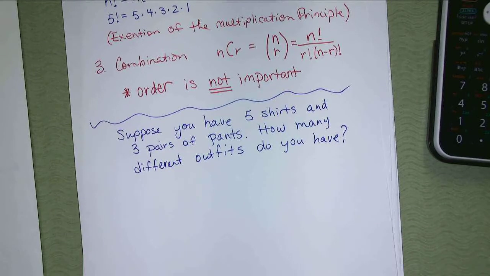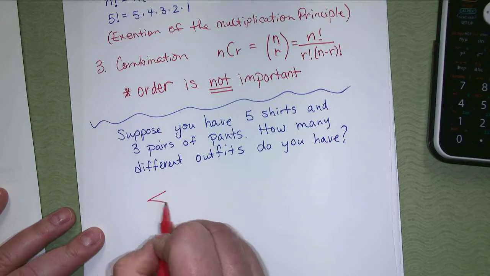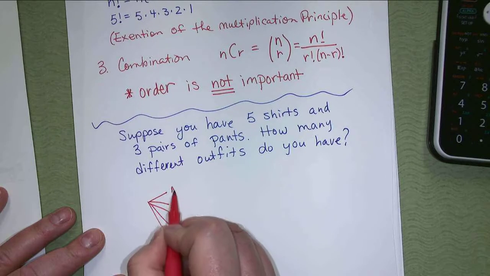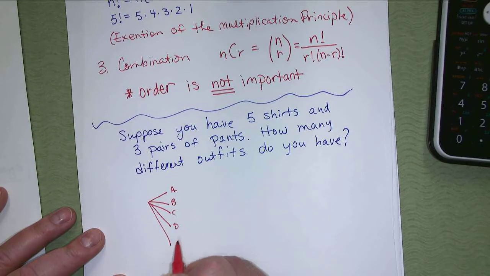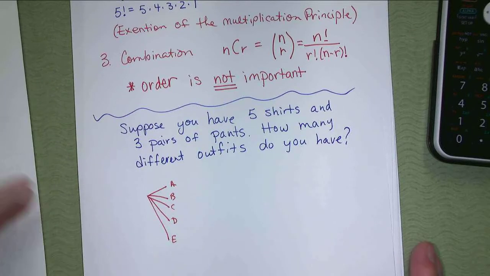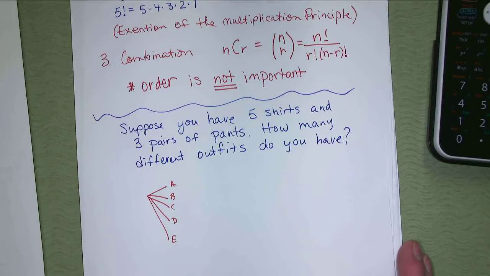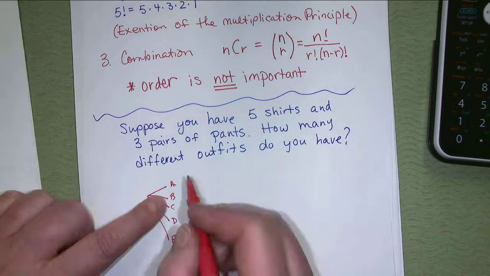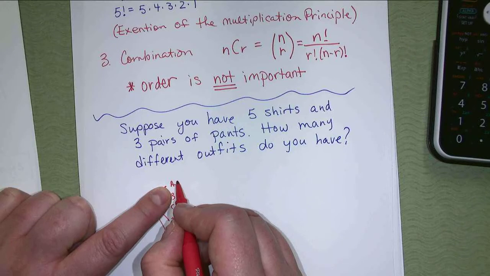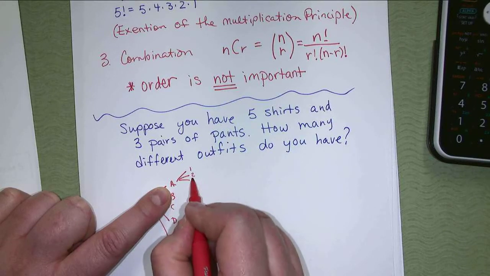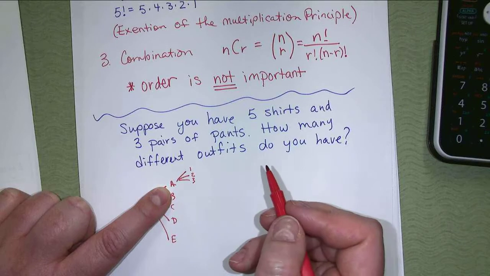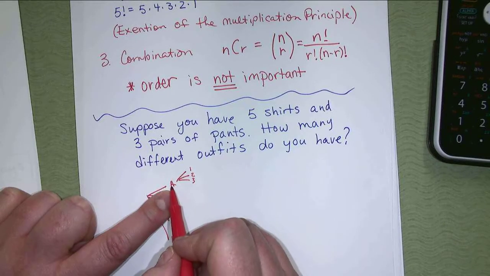If you were to list them all out, say you've got your 5 shirts, let's call them A, B, C, D, E. There's your 5 shirts. So that's your first choice. You pick one of those shirts. And then when you pick a shirt, how many choices do you have next? 3. Your pants, we'll call them 1, 2, 3. So how many outfits are there possible with shirt A? 3.